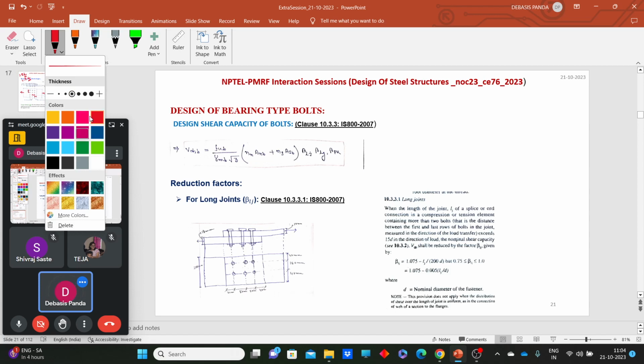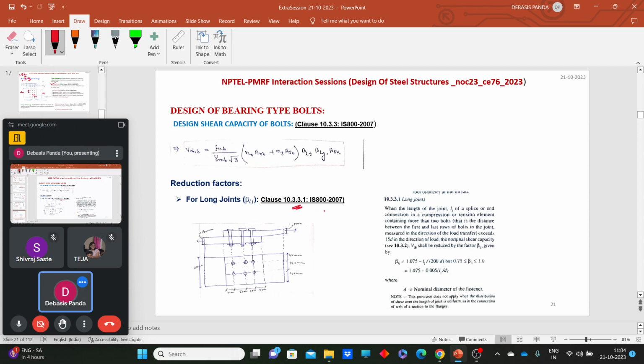Here, clause 10.3.3, you can remember that if the length of the joint Lj is more than 15 times the diameter of the bolt, then we need to introduce beta Lj. How can we calculate the beta Lj value?